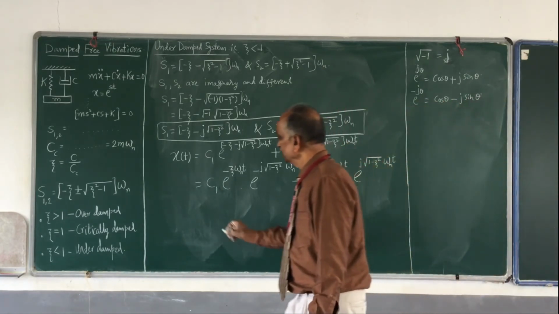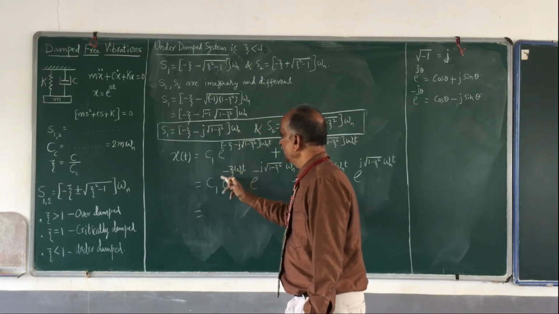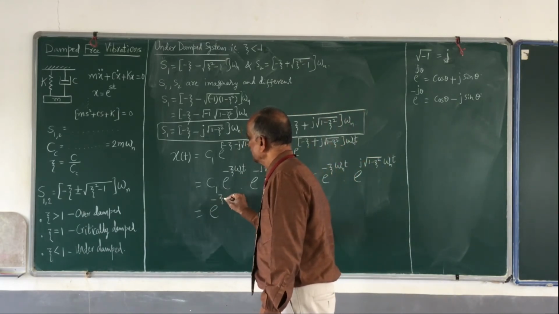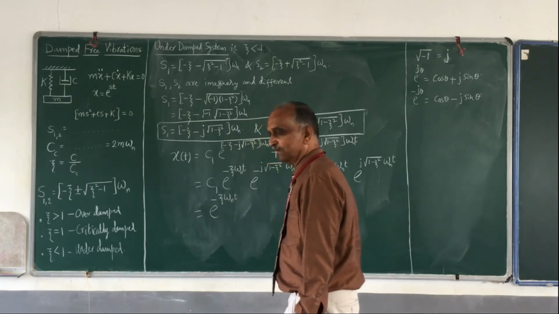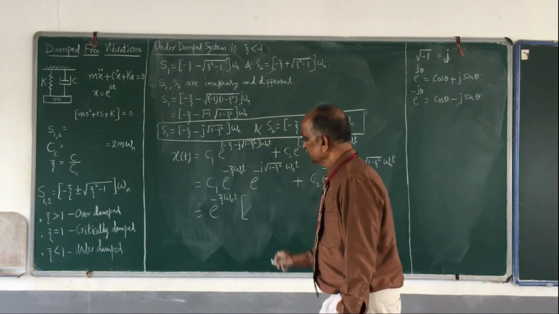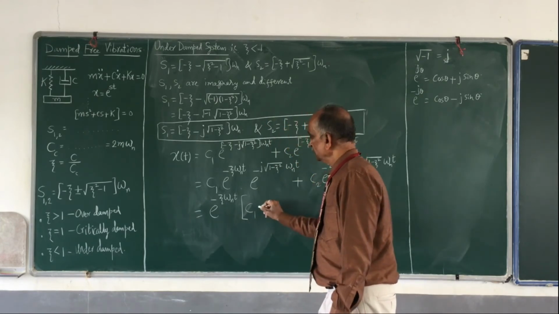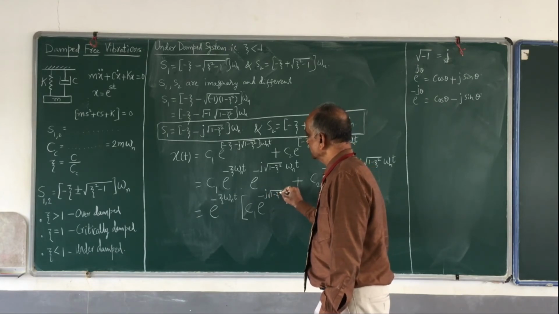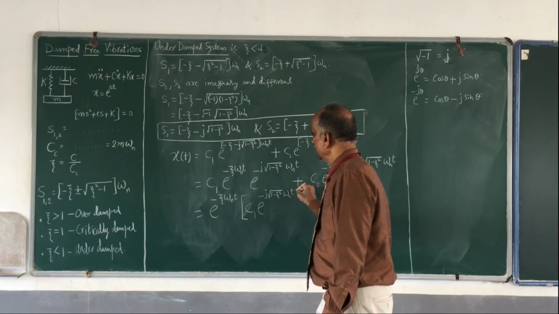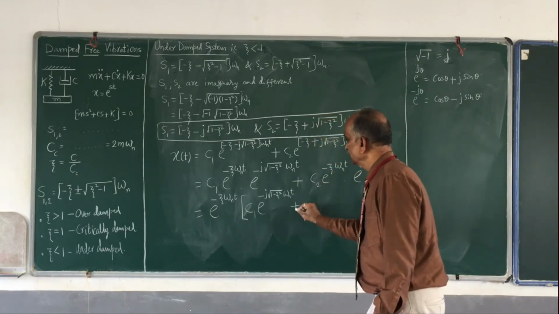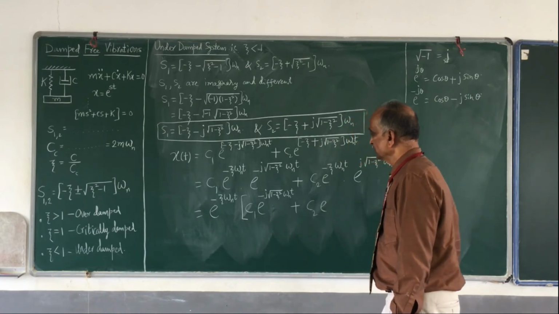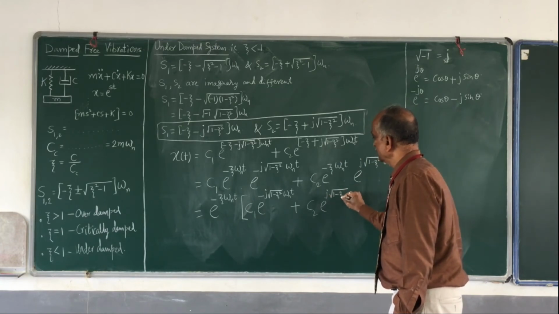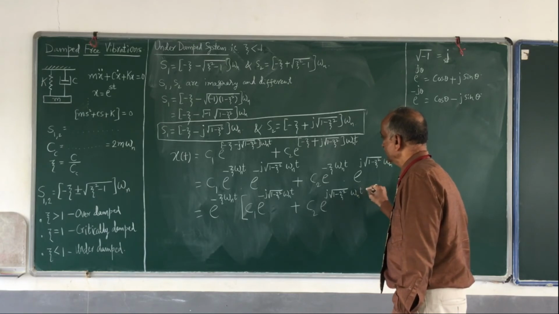Okay, so as usual, e raised to minus zeta omega n t, I shall take it outside. e raised to minus zeta omega n into t into bracket C1 into e raised to minus j into root of 1 minus zeta square into omega n into t plus C2 into e raised to plus j into root of 1 minus zeta square into omega n into t.